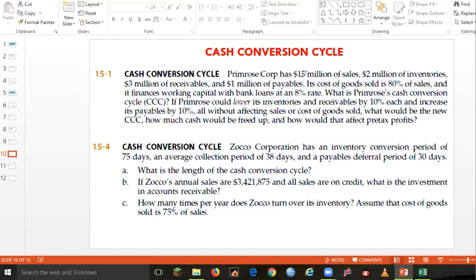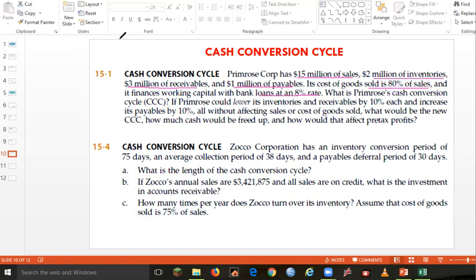Primrose Corporation has $15 million of sales, $2 million of inventories, $3 million of receivables, and $1 million of payables. The cost of goods sold is 80% of sales, and it finances working capital with a bank loan at an 8% rate. Means the company finances its working capital through bank loan, and the bank charges 8% interest on that loan.